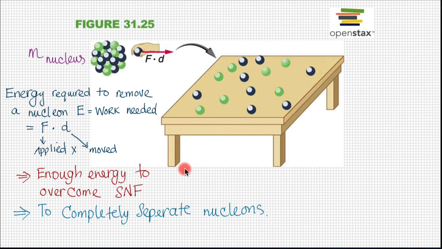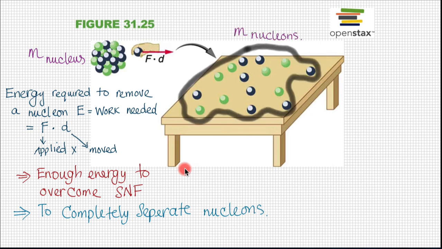Now, if we consider the mass of the nucleus and compare that mass with the mass of the nucleons, something very interesting happens, something unexpected happens. What we find is that when these nucleons are separated, the mass of the nucleus is actually smaller than the mass of the nucleons.